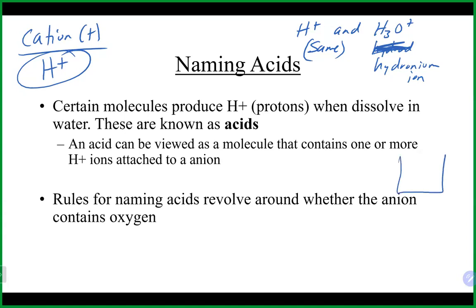The amount of H plus floating around in a solution determines if it's acidic, basic, or neutral. Because of that, when you write the formulas, acids should typically have aqueous next to it. Aqueous means a water environment, that's a solution.